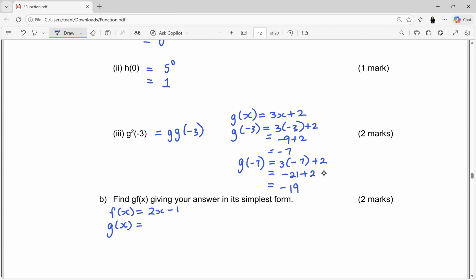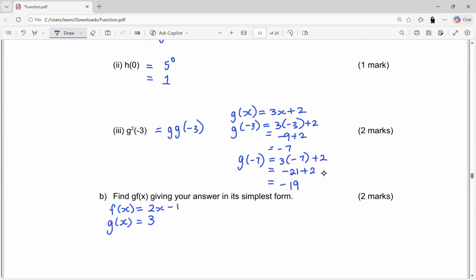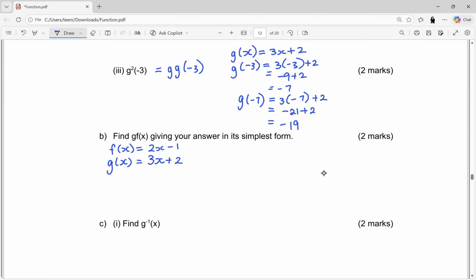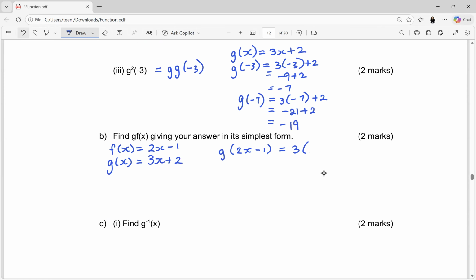To find g of f of x, we need to substitute f of x into g. So that's finding g of 2x minus 1. Wherever I have x, I'm going to replace it with 2x minus 1. So 3 times 2x minus 1 plus 2.